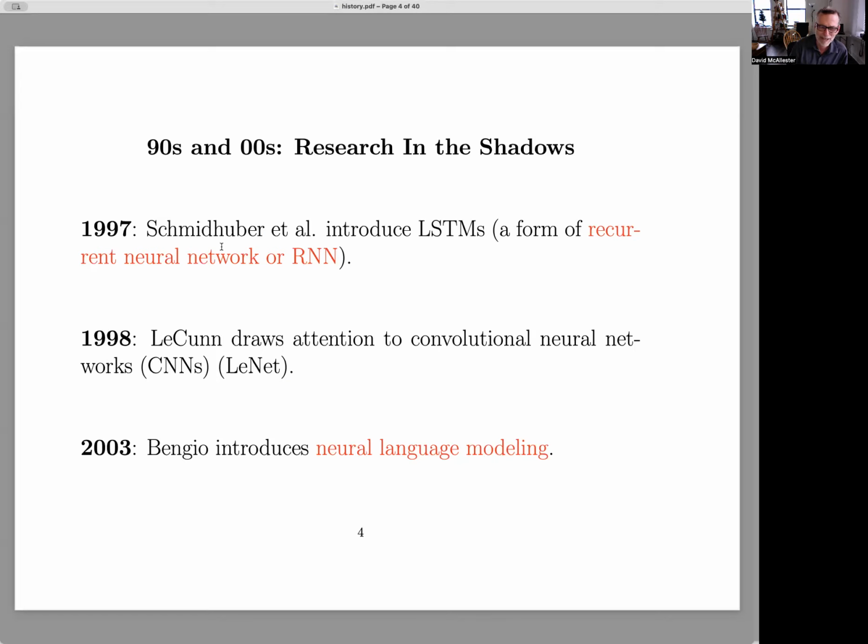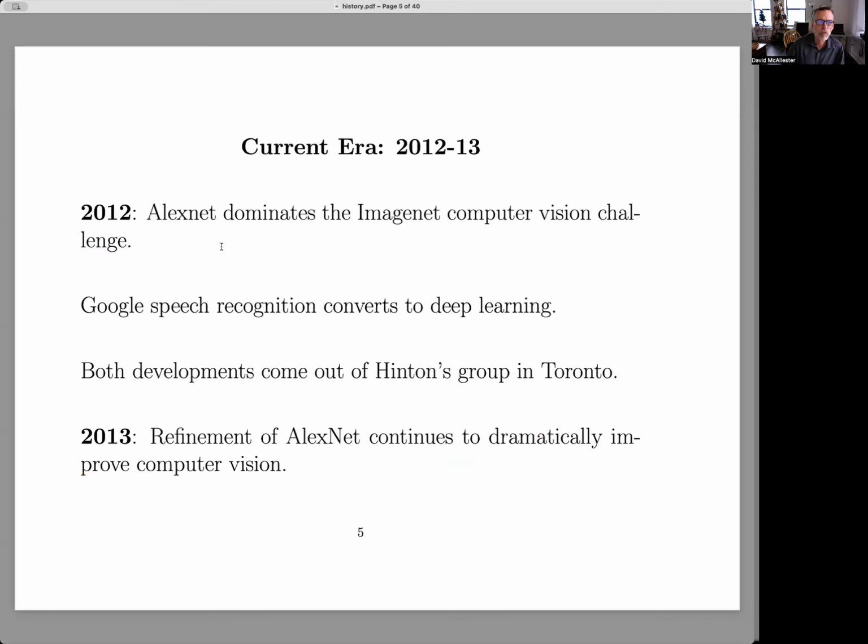It's called LeNet. In 2003, Yoshua Bengio was the first person to develop a neural language model. So this is, again, still well before the deep revolution, but it was the first neural language model. Very simple, very unsophisticated, nothing like the transformer.